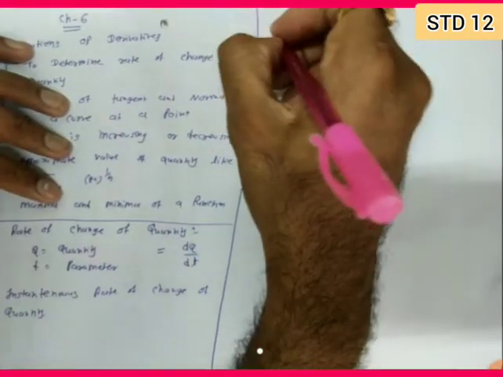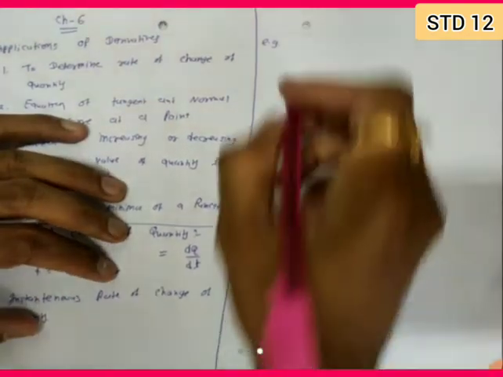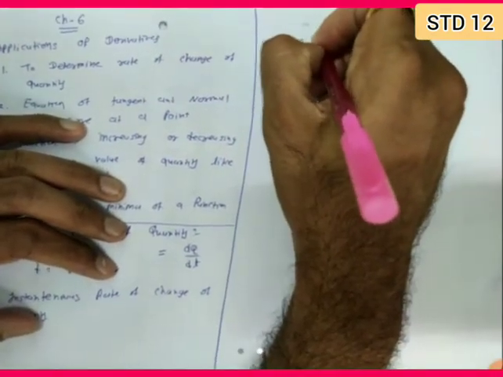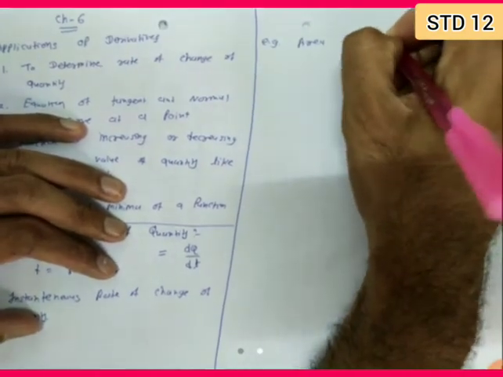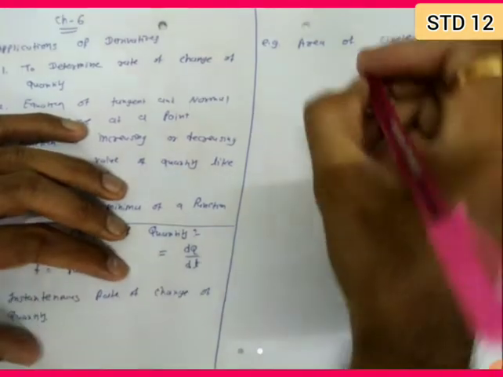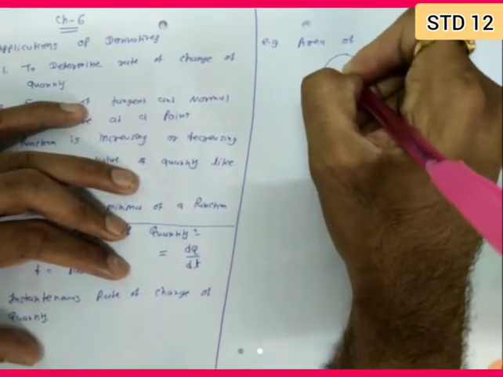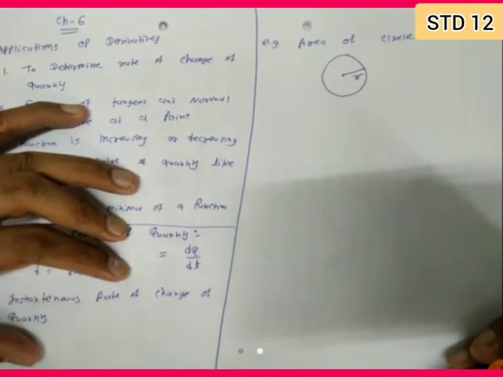So for example, consider the area of a circle with radius r.